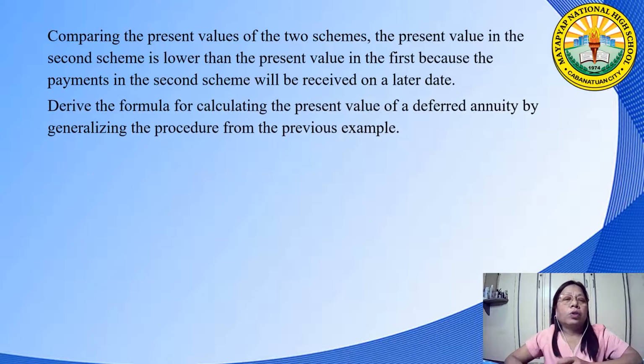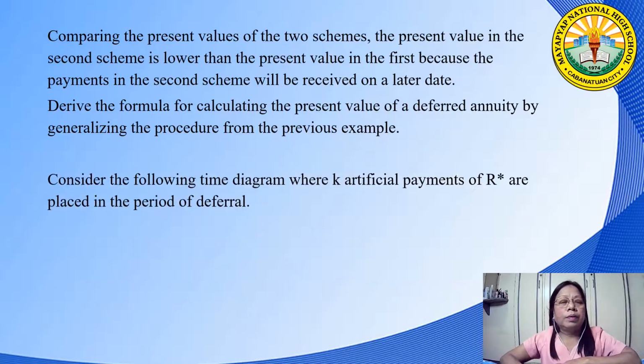So now we derive the formula for calculating the present value of a deferred annuity by generalizing the procedure from the previous example. Consider the following time diagram where k artificial payments of R are placed in the period of deferral.